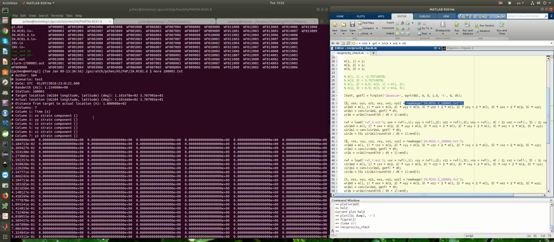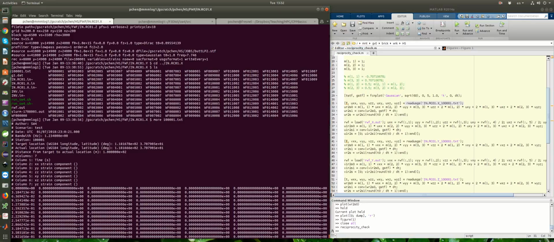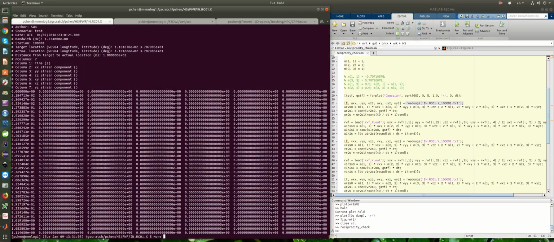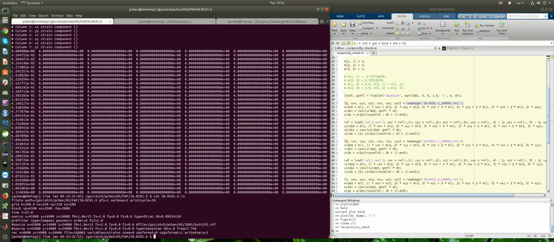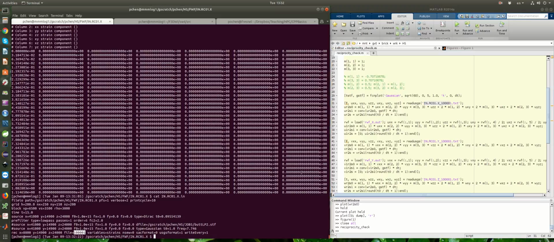The output file name can actually be specified. It doesn't have to be 1001. What I should have done is to specify this as the output file name here, so later on I don't have to manually rename all the output files.